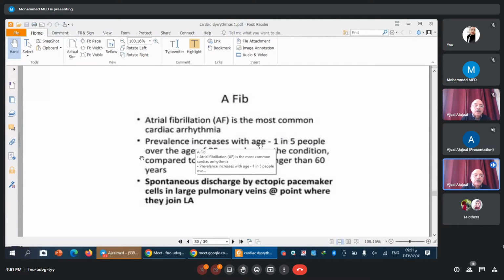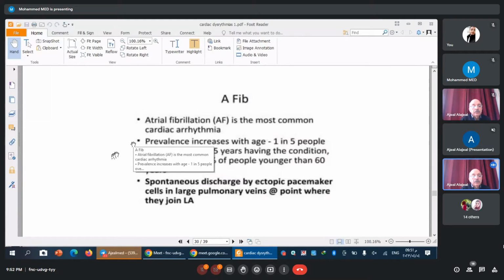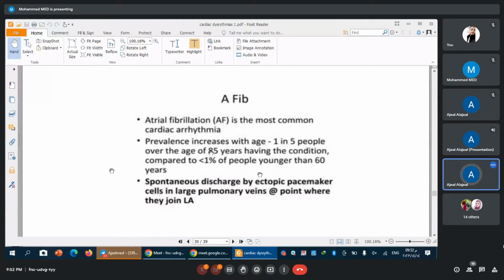Actually, this wandering pacemaker, I should have put it at the very end, but it doesn't really matter. Now we go back to atrial fib, because atrial fib is a very important condition. It's the most common cardiac dysrhythmia. The prevalence increases with age. You can read the rest of the slide. Compared to about 1% of people younger than 60 years, spontaneous discharge by ectopic pacemaker cells in large pulmonary veins.